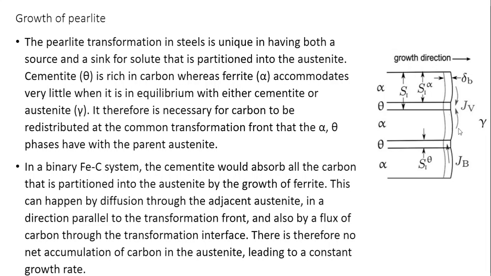Carbon essentially moves from ferrite to cementite, and the transfer occurs by diffusion in the austenite at the interface between the growing two-phase lamina and the parent austenite.